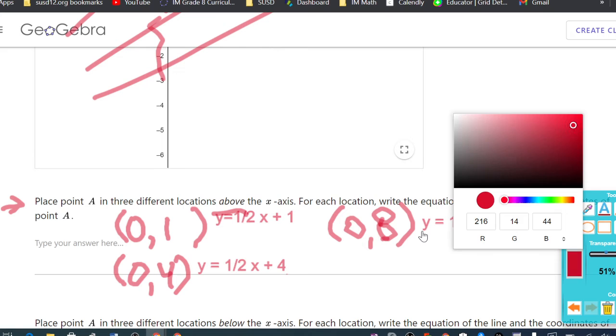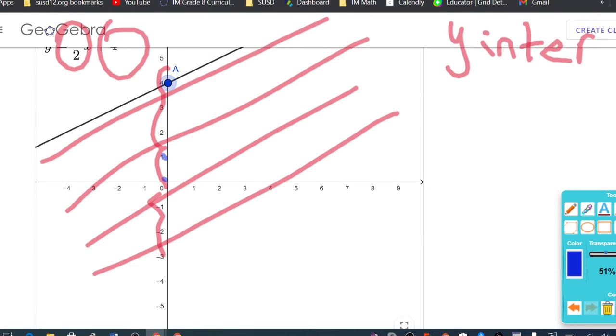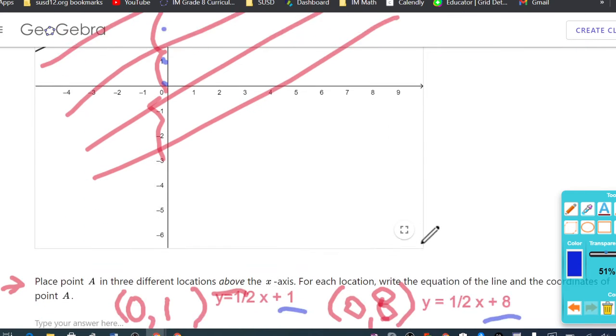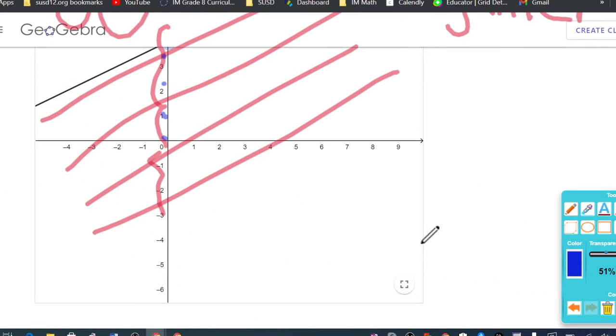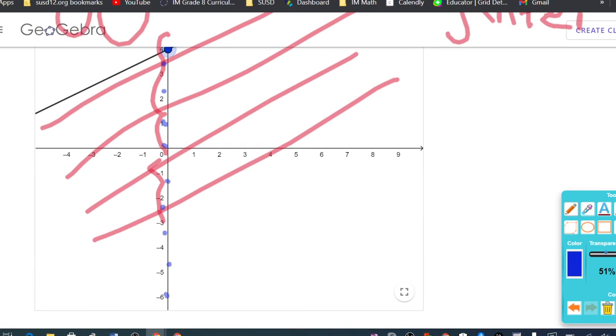So this last number, I want to really make sure you get this. This last number in the equation, that shows you how many units up to put this y-intercept on the line. If you have a negative y-intercept, what do you think that number looks like? Okay, let's try it.